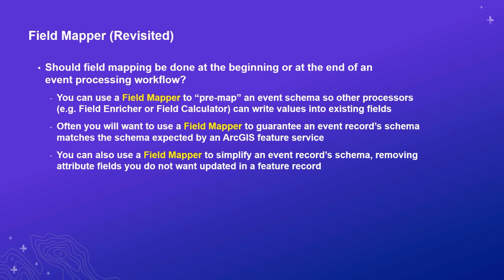Finally, you might sometimes want to simplify an event record schema. Maybe certain attributes in event records being received are not included in a feature service's schema. You could use a different processor, a field reducer, to remove the unwanted fields, but I prefer using a field mapper to map fields from one well-known schema or structure to another.